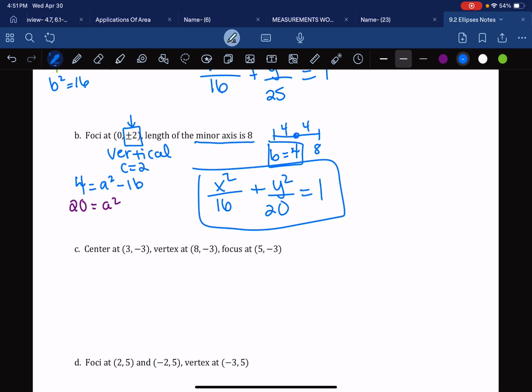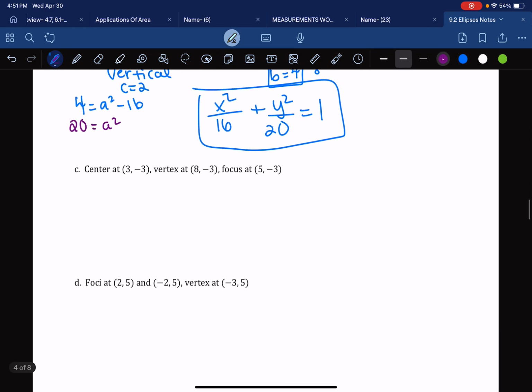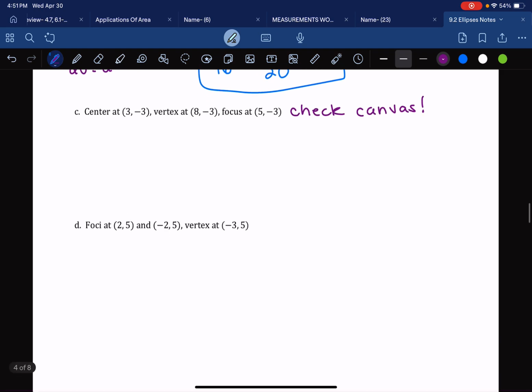All right, if you want C, check Canvas, because I'm going to go straight on to D. All right, foci are 2, 5, and -2, 5, which means that you're moving along the x-axis.